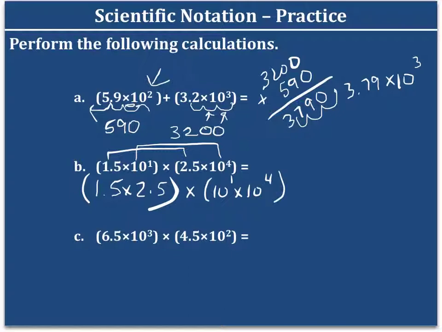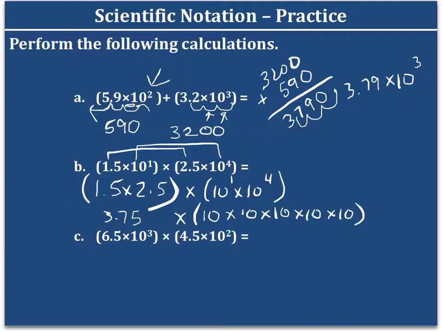So let's simplify. So 1.5 times 2.5 is 3.75. And then 10 to the 1, we know that's just 10. 10 to the 4, that's 10 times 10 times 10 times 10. So 1, 2, 3, 4.